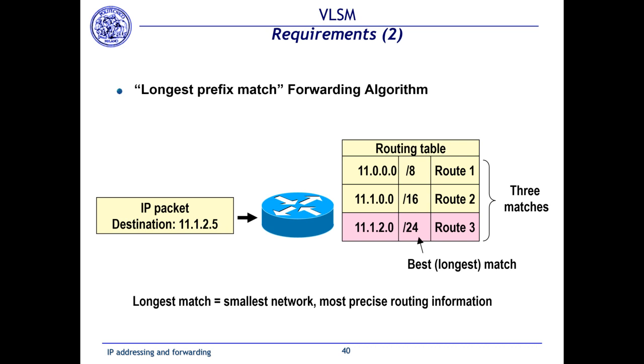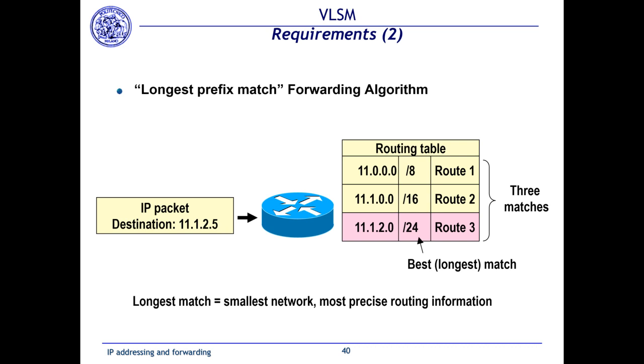Or better, equivalently, it means to send a packet where the router has the most precise routing information. Because here in the routing table, the router knows that there is a large network and a smaller subnet and then a subnet inside that subnet.